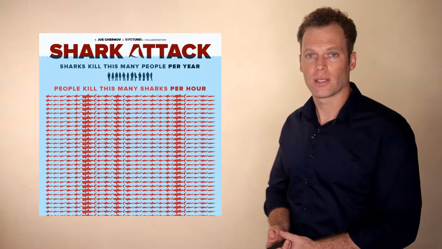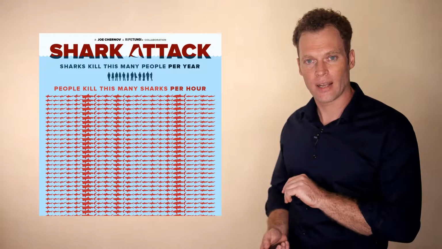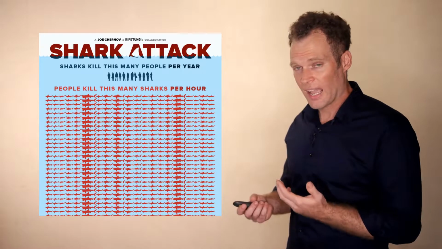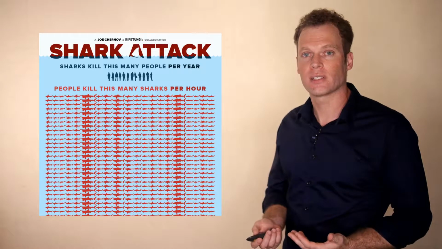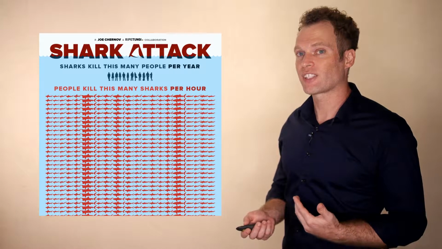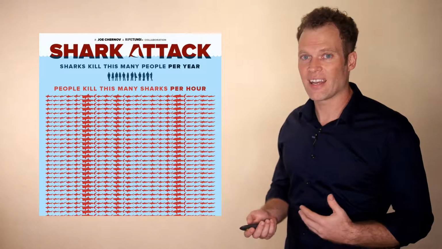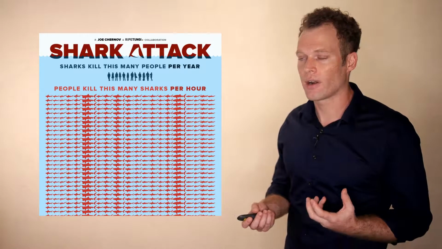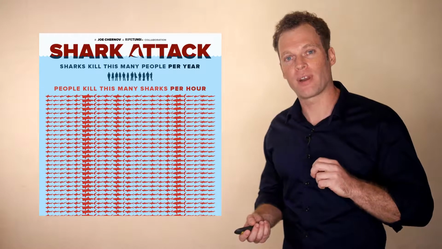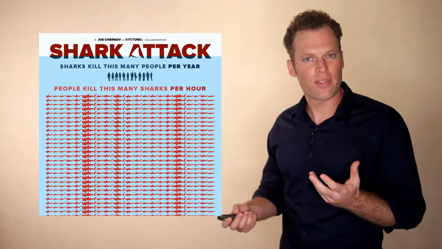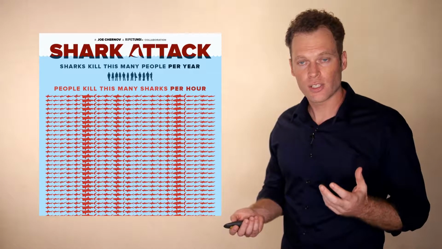This infographic was going around on the internet a couple years ago, and it shows basically how many people die by sharks every year versus the number of people that sharks kill every year. And it visualizes, sorry, not every year, every hour, number of sharks killed by people every hour, and it visualizes 11,000 something hundred sharks.